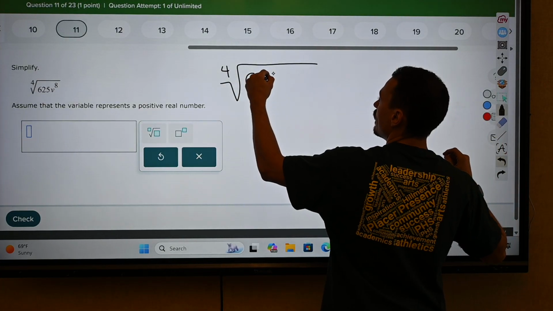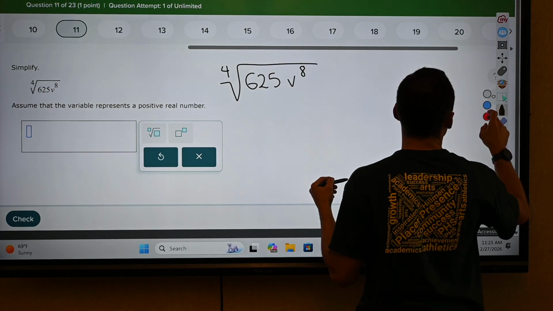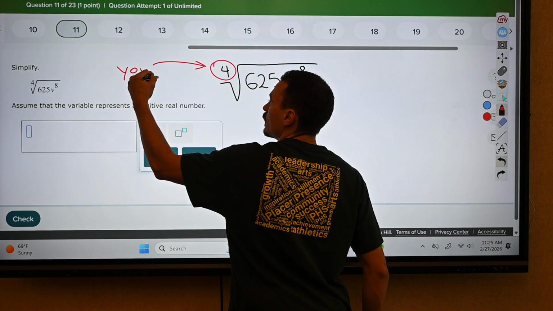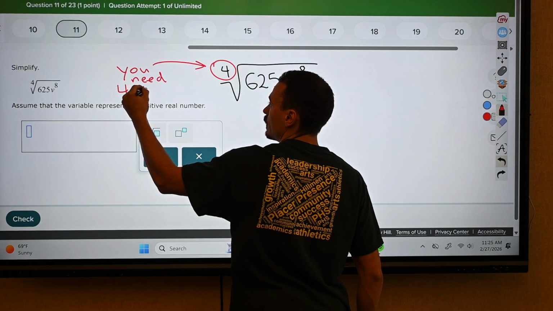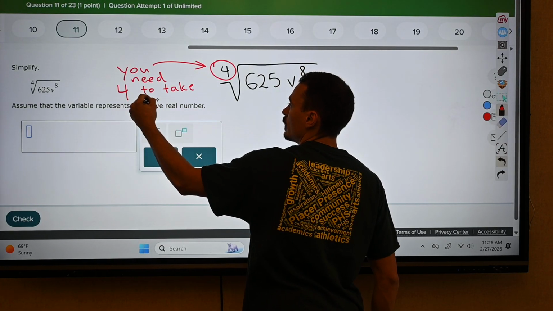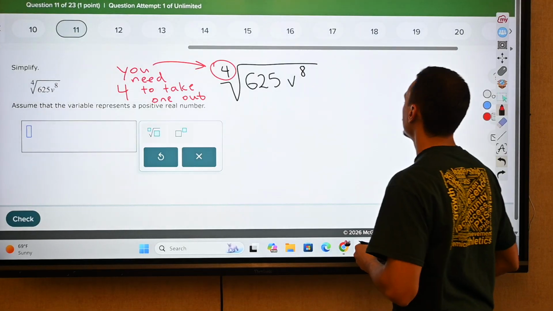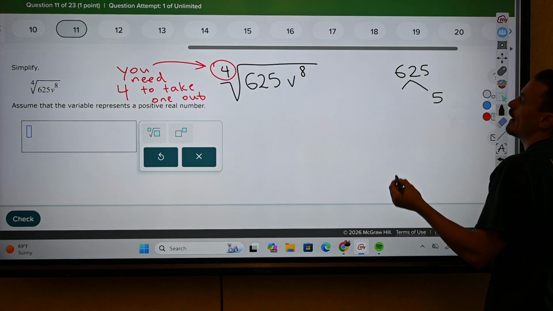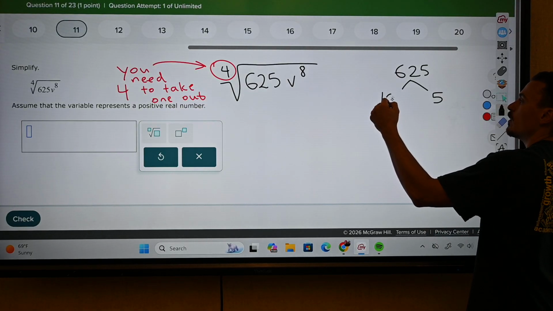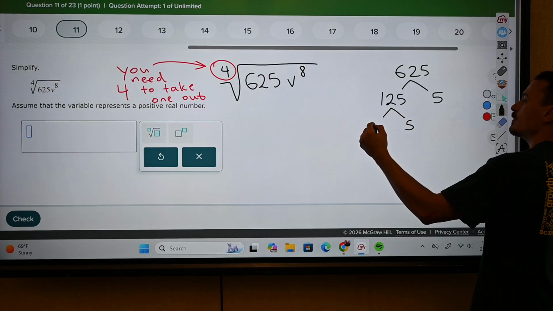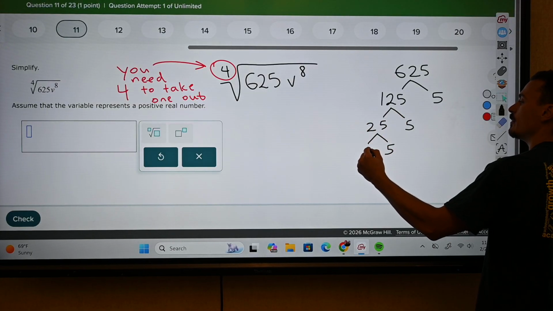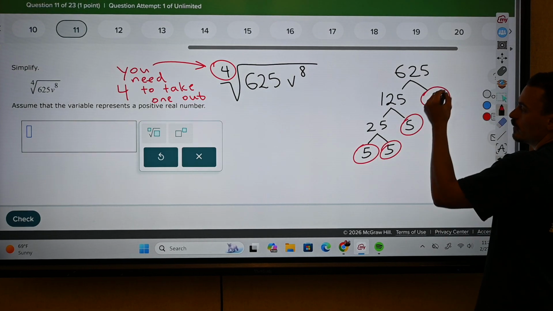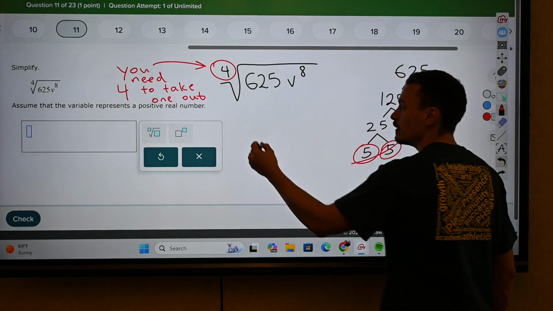This one. You have 625 v to the 8. You need 4 to take 1 out. So what do I mean by that? If I take 625 and start breaking it down, I would do 5 times 125. 5 times 25, which is 5 times 5. I need 1, 2, 3, 4 to take 1 out.